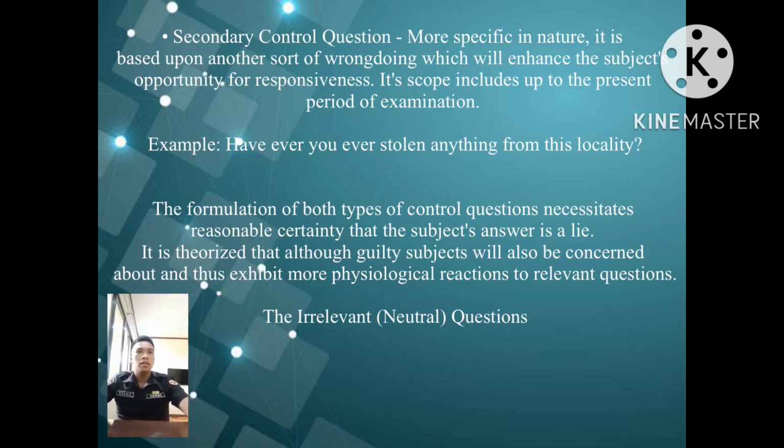They are expecting some answers of the subjects that are not true, and they are going to test the subject psychologically. So it is said that subjects will also be concerned about this and exhibit a psychological reaction.